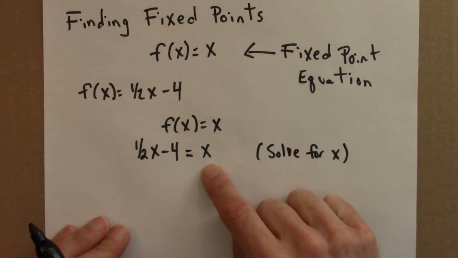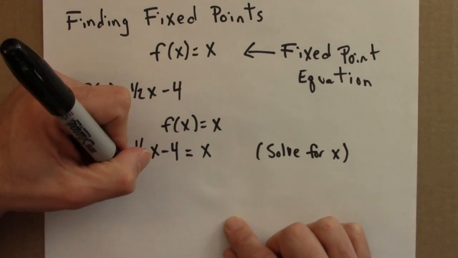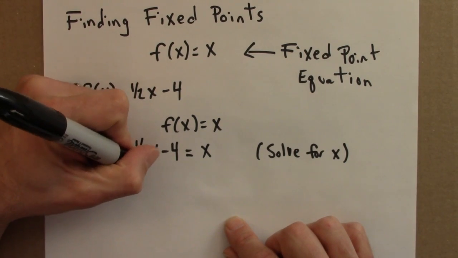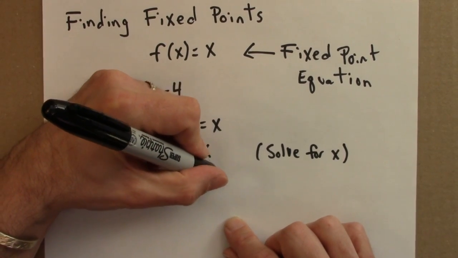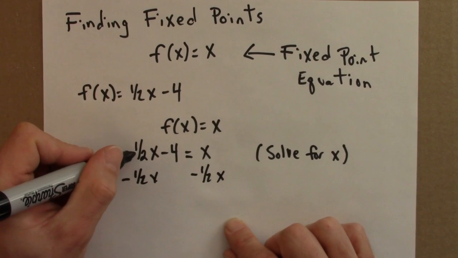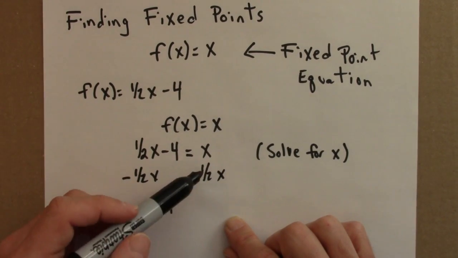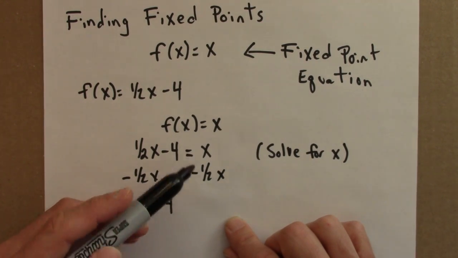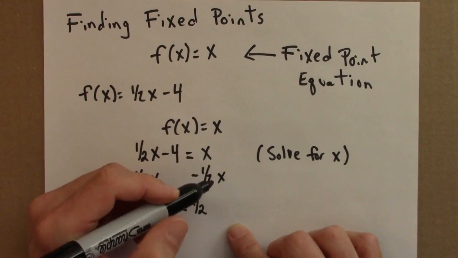So I need to get all of the x's on the same side of the equation. Maybe I'll subtract 1/2 x from each side. So 1/2 x minus 1/2 x goes away, and I'm left with minus 4. x minus 1/2 x, 1 minus 1/2, is 1/2.